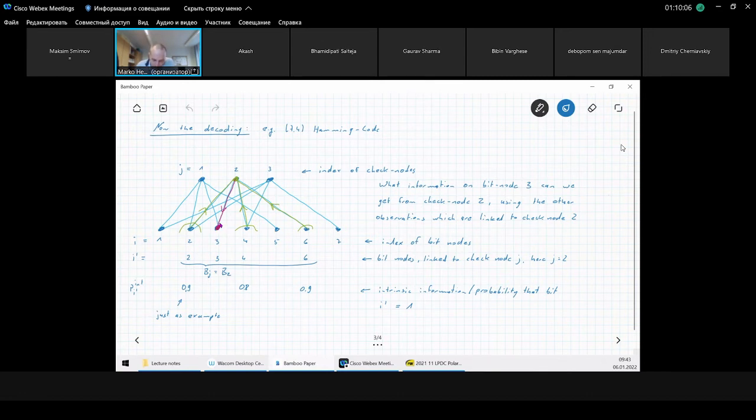So what's the probability that a 1 here at this bit node will cause this check node to be 0? In our example, as those ones are probably 1s, then with a fairly high probability, a 1 here at bit node 3 will cause check node 2 to be 0. So in this example, high probabilities here for 1s, we will also get a high probability that bit node 3 must be a 1.